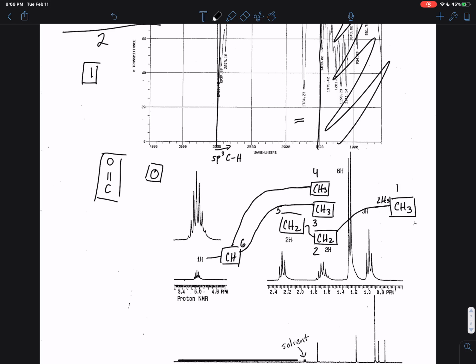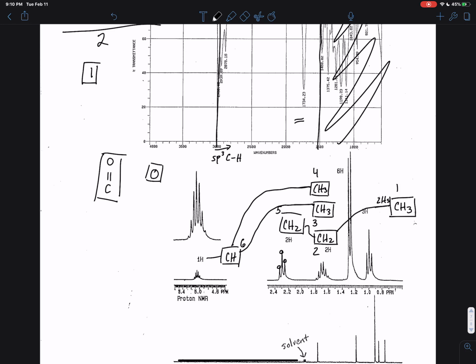Let's look at the splitting again. So we have 1, 2, 3. So the n+1 rule told us that we are connected to a CH2, and from the other side, we cannot be connected to anything that has protons. Okay? Yeah, you're on the right track.